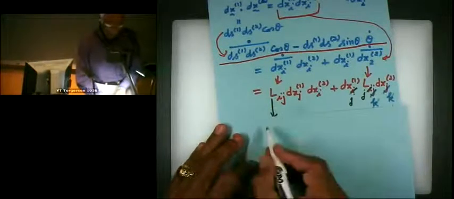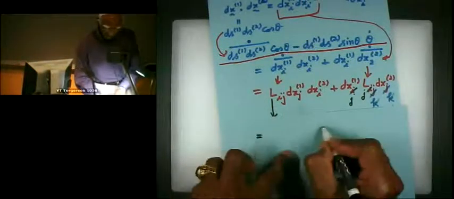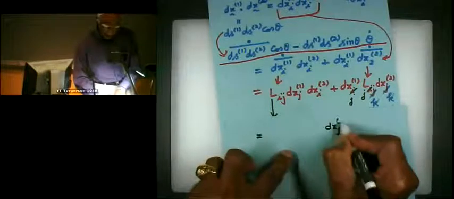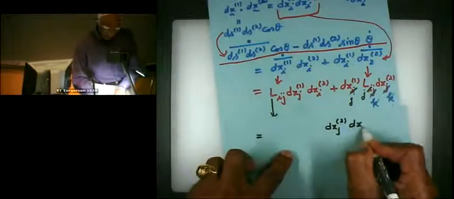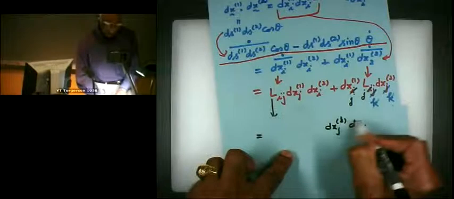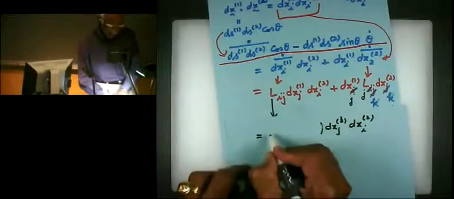Okay, now, since we did it, we take dxj and dxi, oh, this is 1 and this is 2, as common factors. So we have Lij here and Lji here.